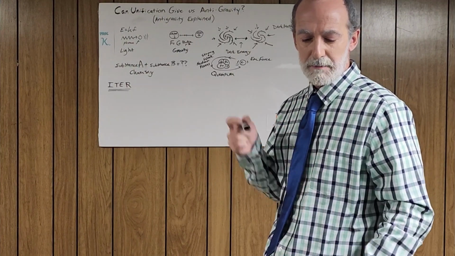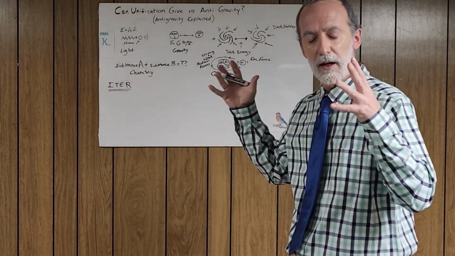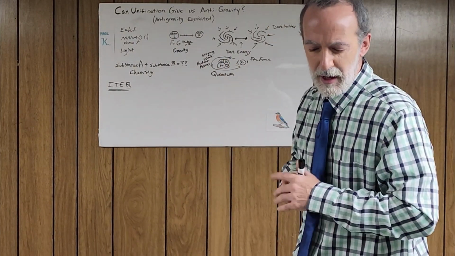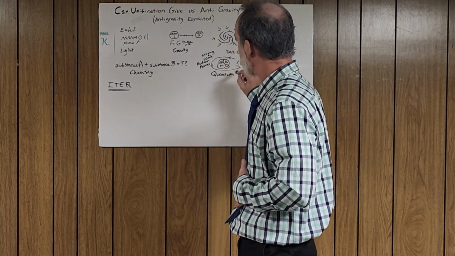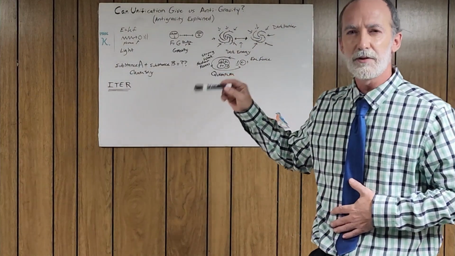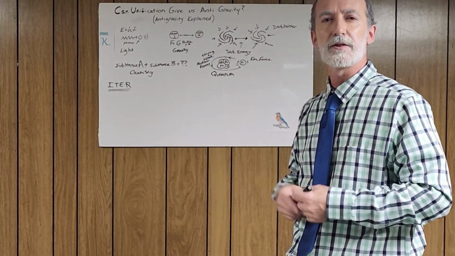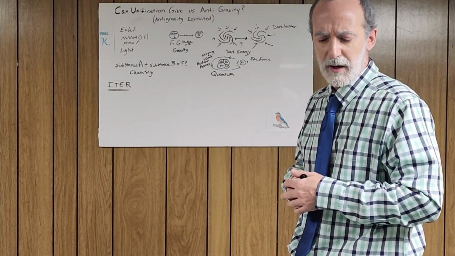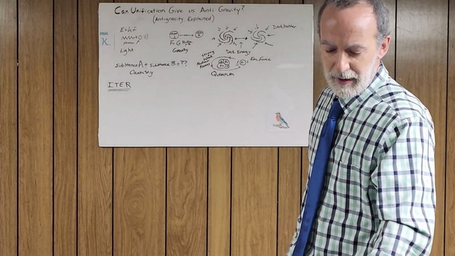Now, gravity is the most powerful of all the forces in the universe. But when you get down to this atomic level, gravity, this immensely powerful force, just disappears. It drops away. It's like it's not even there. Why is that?